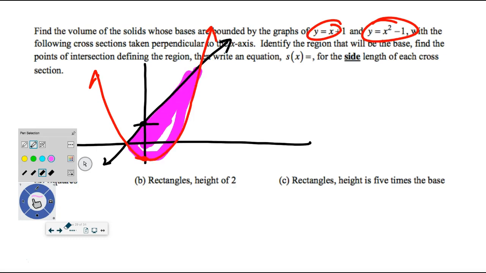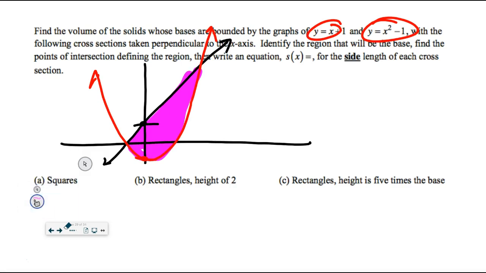You're picturing this being flat and laying on the ground, and you're going to build up off of it. The formula for all of these is area of a face dx. My limits for all of them are the same. How would I find the side? Ava?